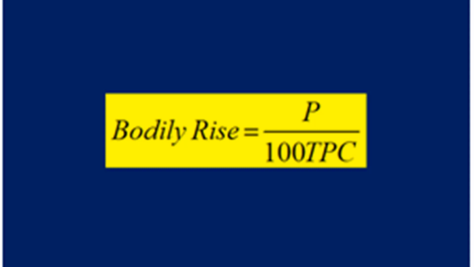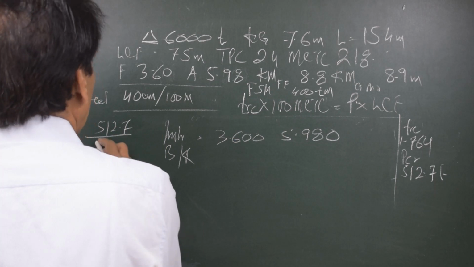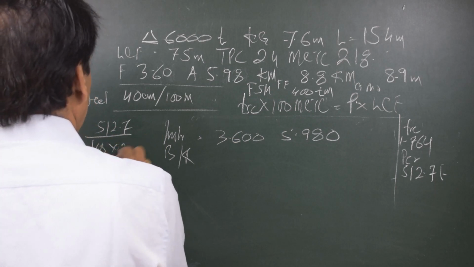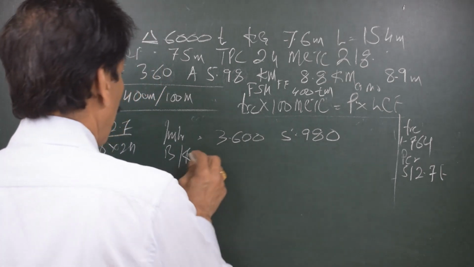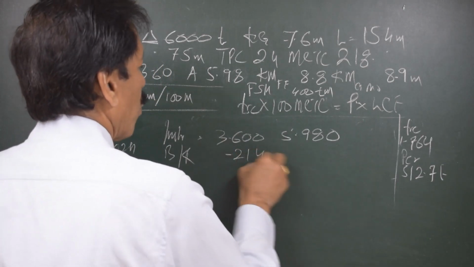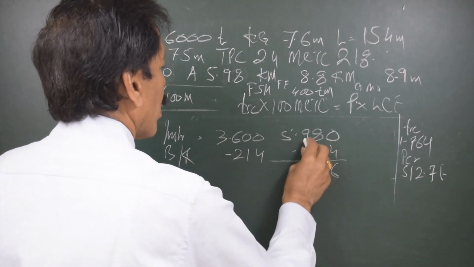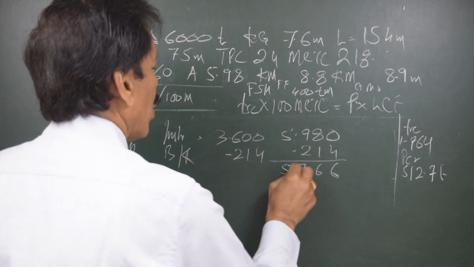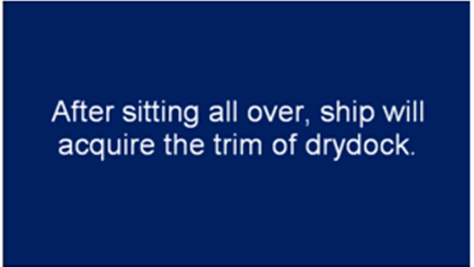Bodily rise is 512.7, that is the P critical, divided by 100 TPC, that is 2400, gives me 0.214. So the drafts become 3.386 meters and 5.766.